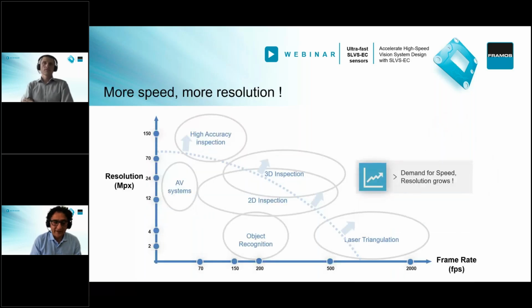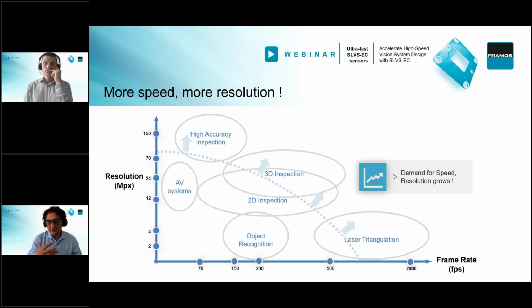But technical people are always following the market or are pushed by the market. And I want to give you a perspective of what is going on from the market perspective. In general, the demand for speed and resolution grows. It doesn't matter if it's for frame rate or resolution or for both, maybe. All the applications are increasing in this direction.